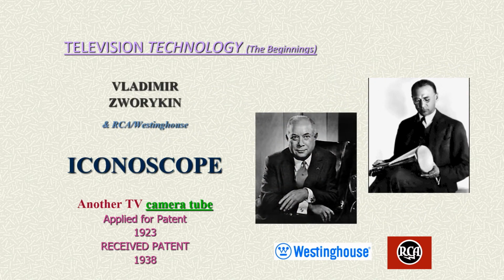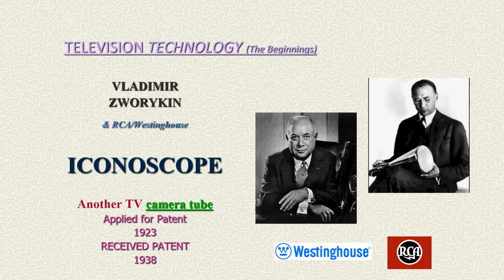What he comes up with is the iconoscope, and of course, with the support of David Sarnoff, who was the head of RCA. The iconoscope is another kind of camera image tube. It's taking a scene and taking that image and turning it into electrical current that is then going to be displayed on another technology.